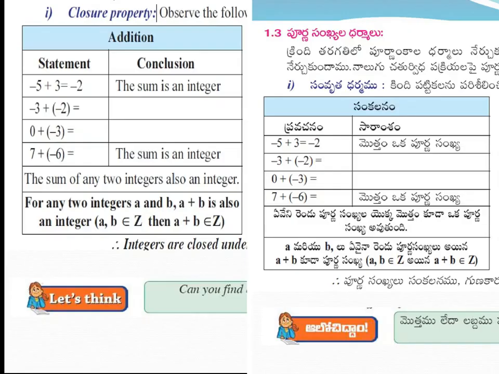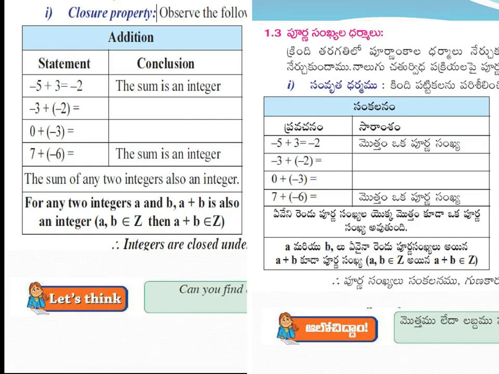Okay students, observe the following table and complete the empty boxes. First observe the addition table. First statement: minus 5 plus 3. We get the resulting sign because the resulting sign is the same as the bigger integer. Minus 5 is the bigger, the sign of the 5 is minus, so the resulting sum is minus.